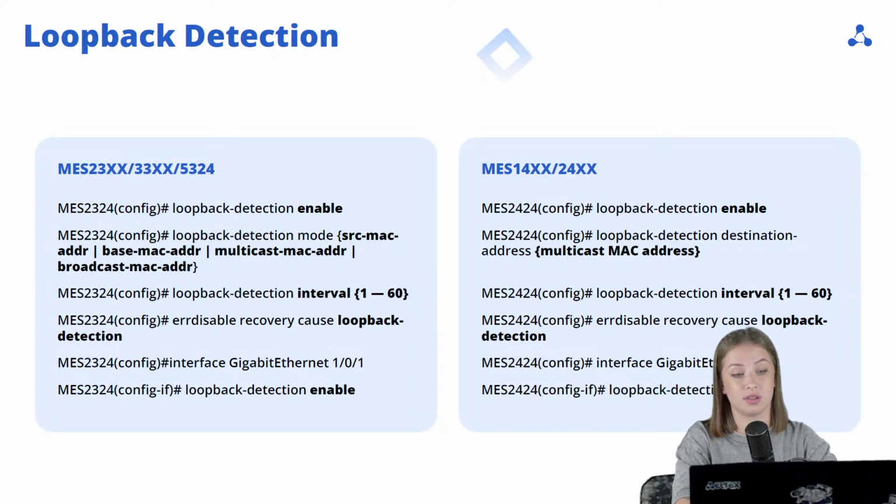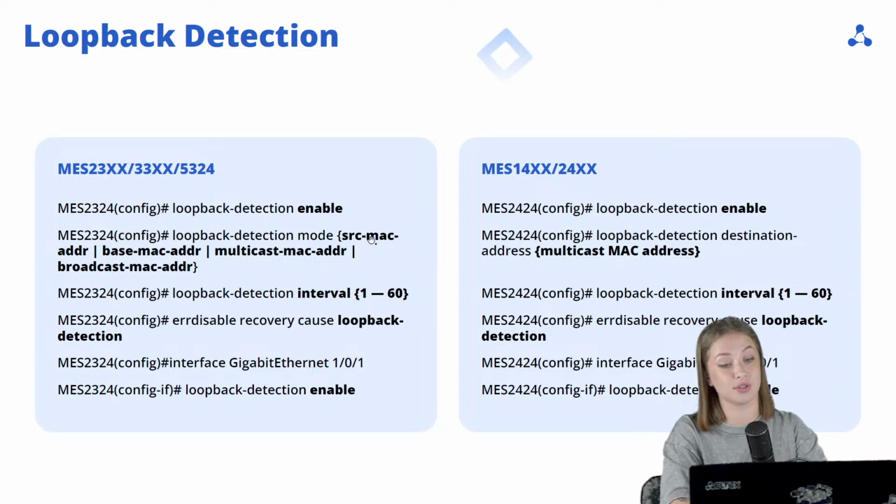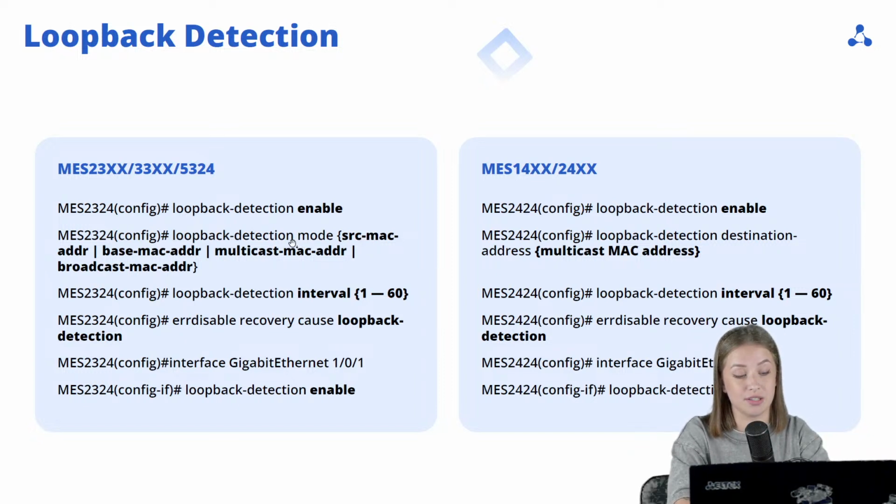On the MES23 series, as you can see, we can determine the destination MAC as source MAC address, multicast MAC address, broadcast MAC address, or base MAC address. Base MAC address means the destination MAC will be the switch's own MAC address. For the MES24 series, we need to configure the multicast MAC address.